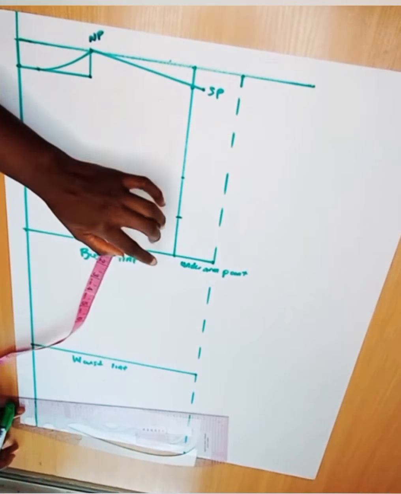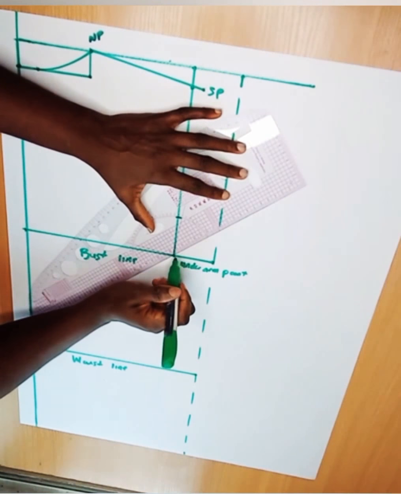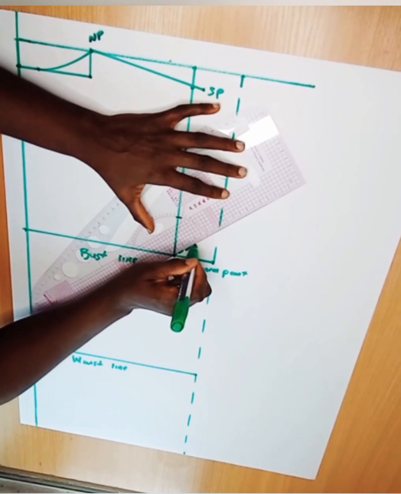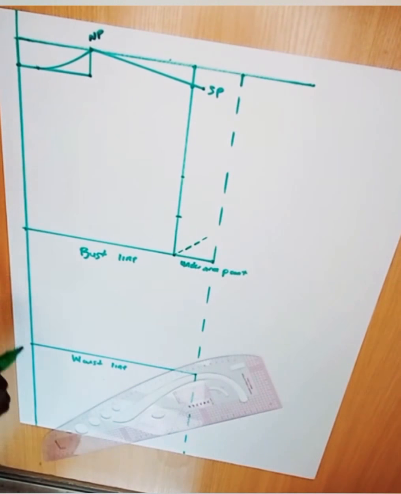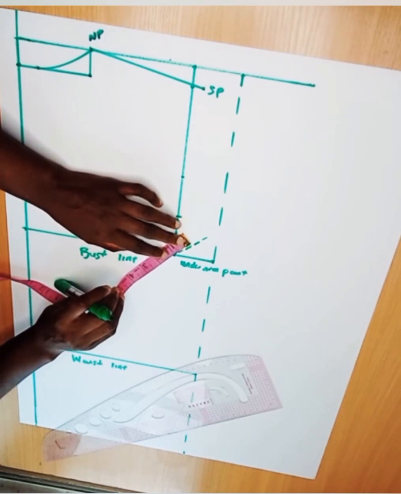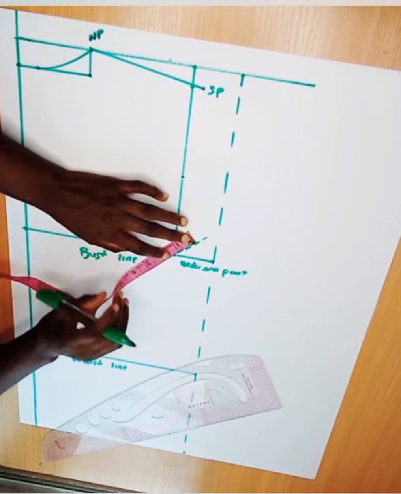So that angle between the underarm point and the arm side, we draw a guideline at an angle 45 degrees of any length. Then measure 1.2 inches. This helps us to form the armhole curve.